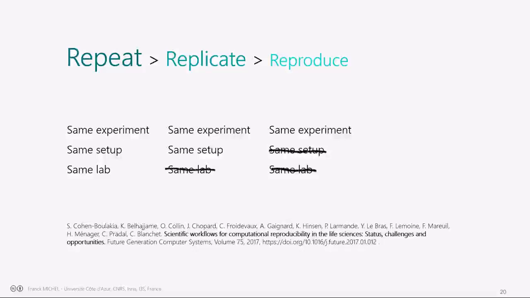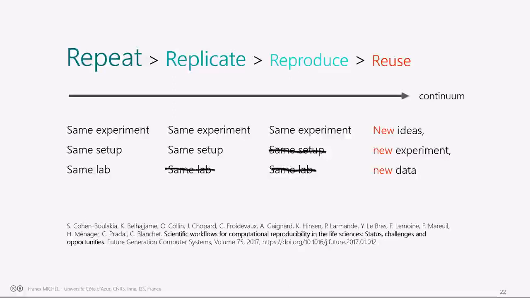And obviously, it's not on the same environment either. So you see that this is increasingly complex when you move from repeat to reproduce. The last step would be reuse, which is the ultimate goal that helps us go faster to test new ideas and new hypotheses. That can mean reusing some existing methods with different data, or reusing data in a different context to prove different hypotheses, and so on.